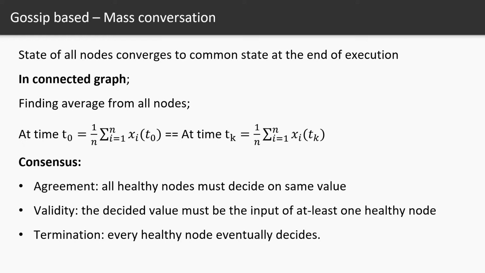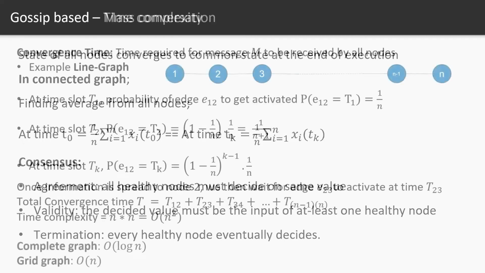The decided value must be the initial input of at least one of the healthy nodes, which gives the validity of this final common state of the network. And to determine termination, we have to be sure that every healthy node has eventually decided on a value. By fulfilling all of these properties, we have reached consensus.